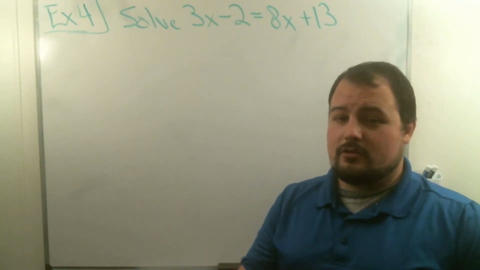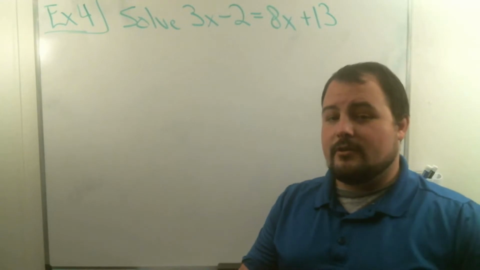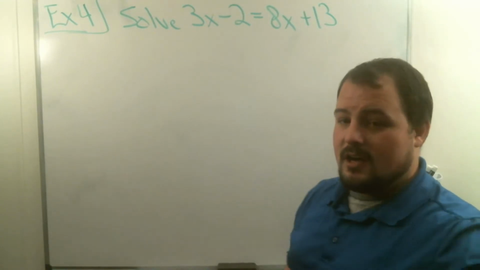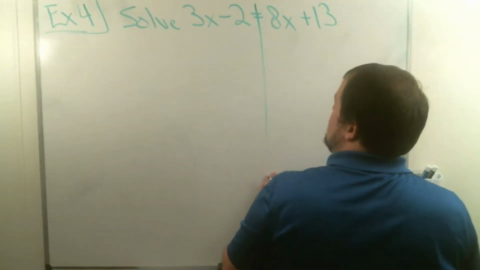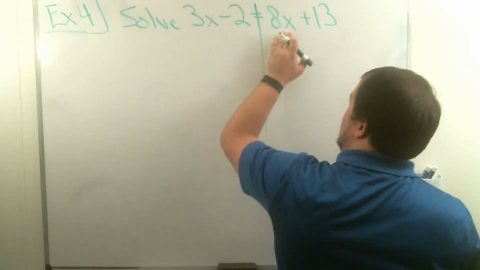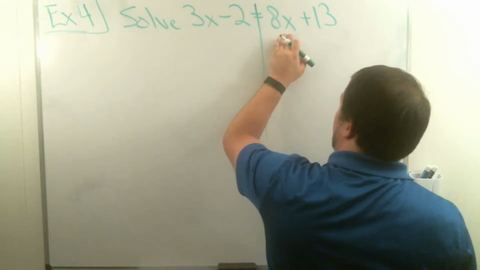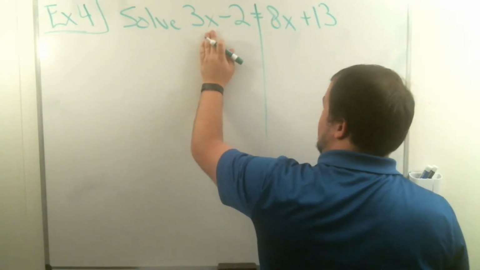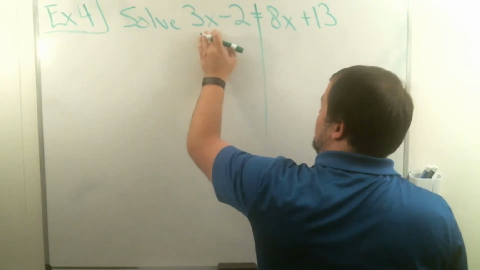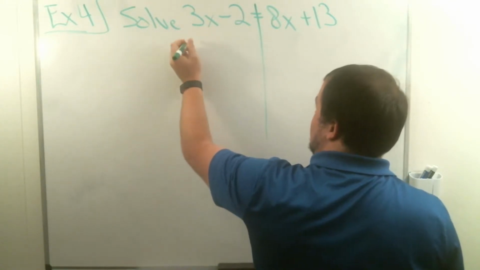So pause this video, try it on your own, play this video, and check to see if you got the right answer. I'm going to go ahead and solve this problem. Draw a line through my equal sign. I have 3x's, 8x's. I'm only looking at the variable. 3x's is smaller than 8x's, so this is the one I'm going to get rid of. To get rid of 3x's, I'm going to do the opposite of what I see.